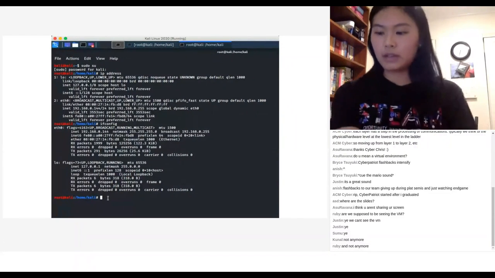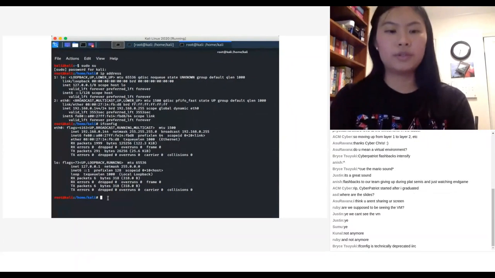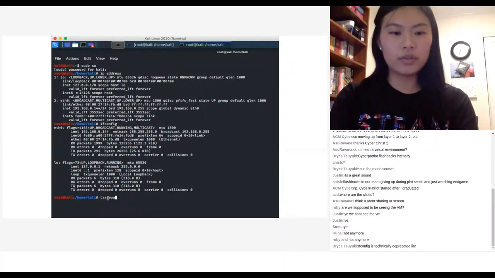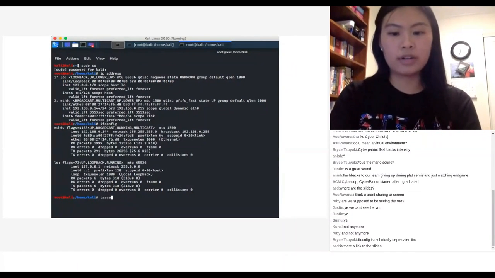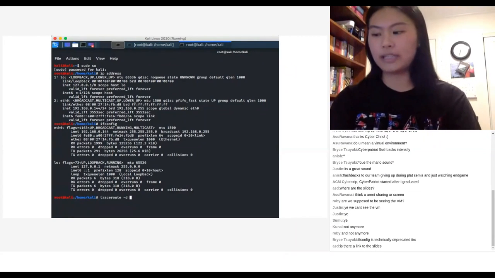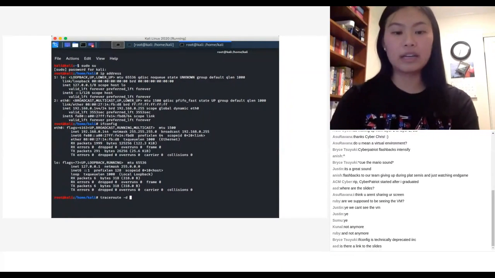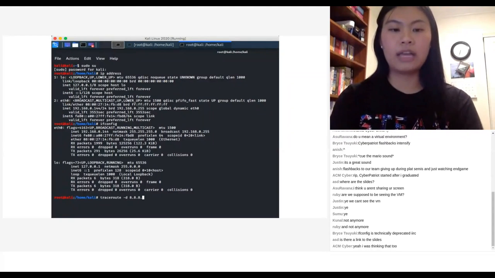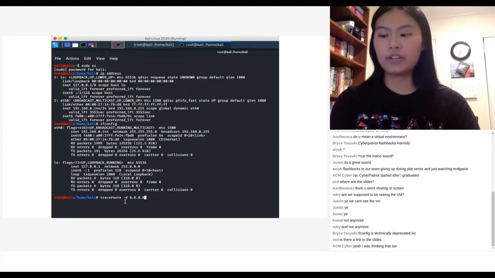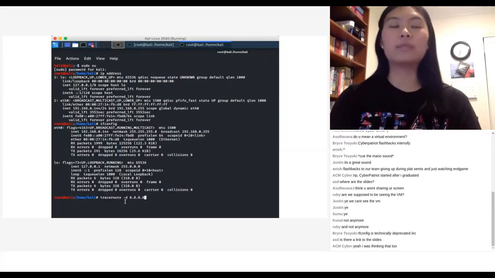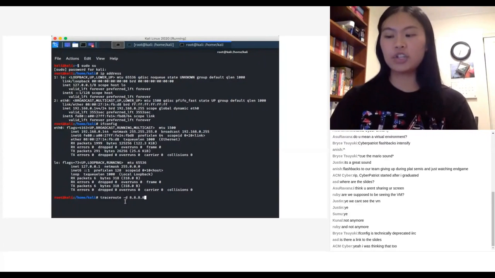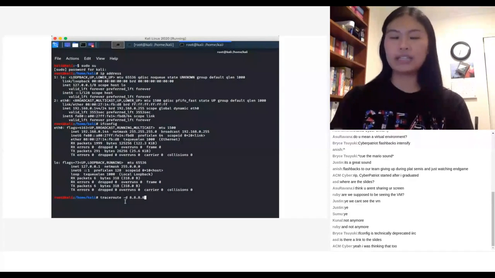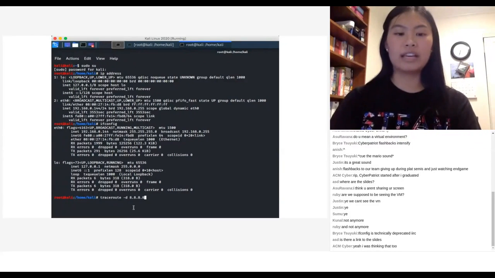All right. The next one I'm going to show you guys is traceroute. If you do traceroute with the -d flag, which is socket level debugging, and then 8.8.8.8, which as a reference is one of Google's DNS servers, I'm just going to use traceroute to make sure that my target IP address is actually reachable via the expected interface.